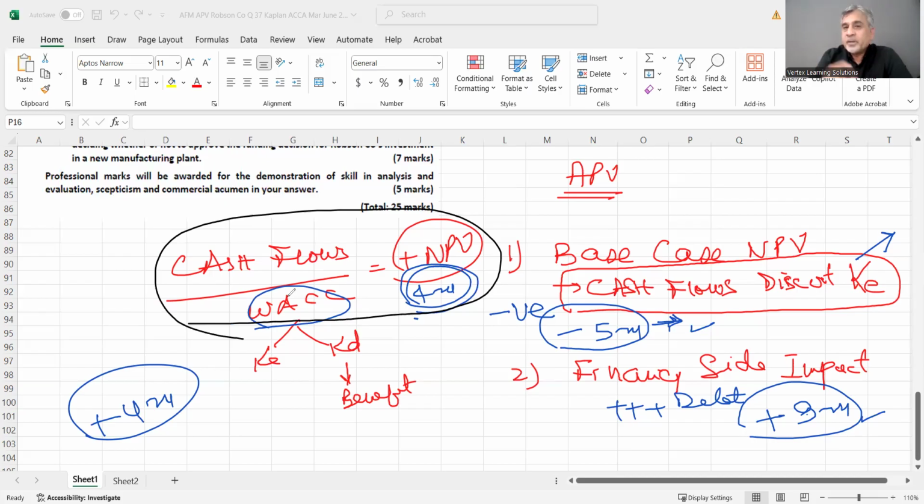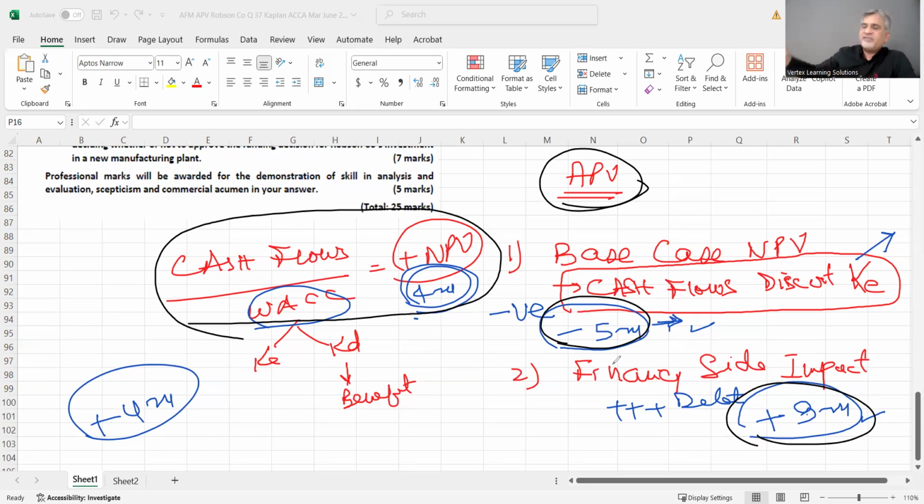It is giving 4 million positive NPV. I didn't know what is the impact of the project itself and what is the impact of the financing on this particular project. If I had gone through this APV exercise, I would have found out that the project itself is 5 million negative; it is going into positive because of the financing. So tomorrow, if the bank says, I'm not giving you money, or maybe the government says, we are not providing you a subsidized loan, I say, I'm not doing the project.